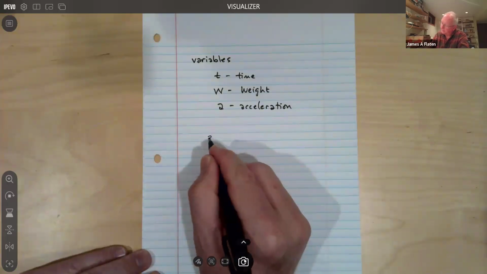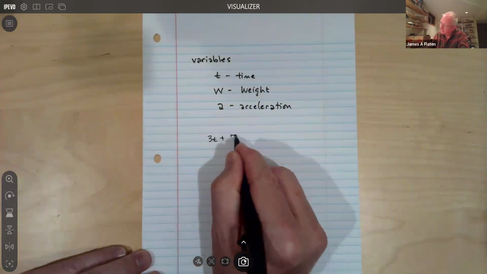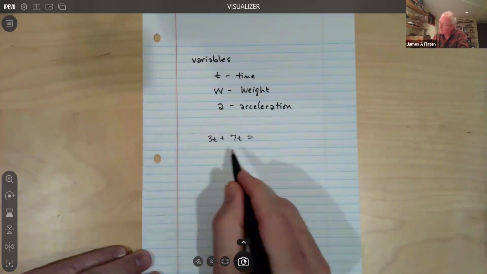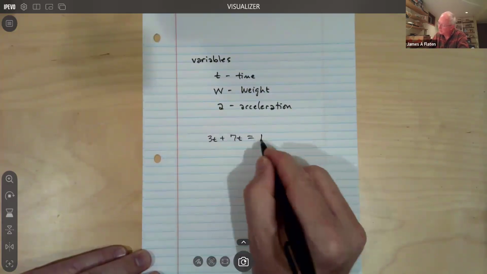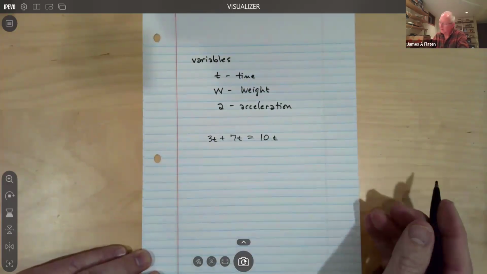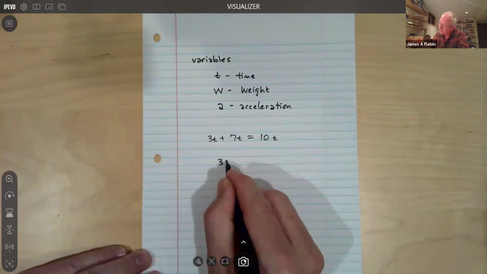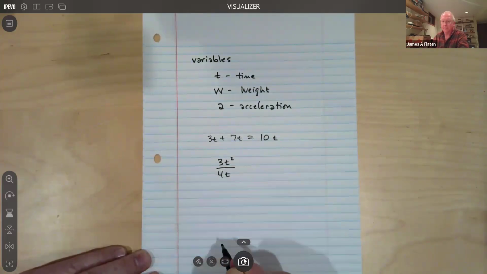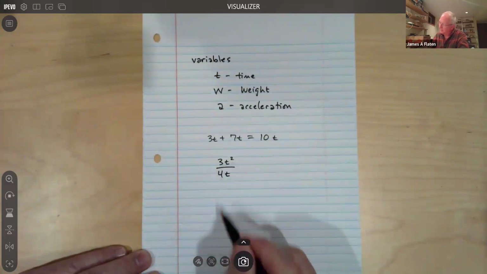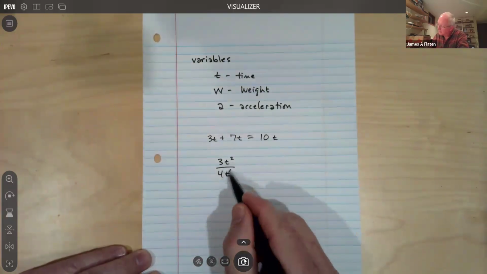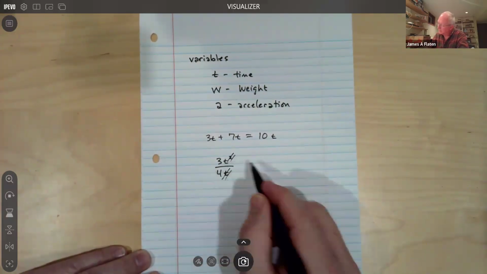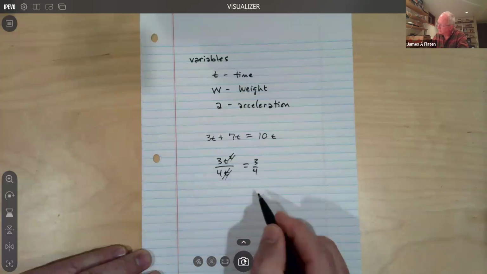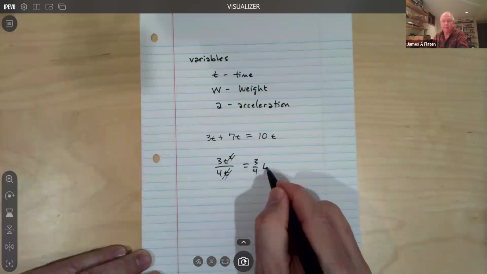So if, for instance, I have 3t plus 7t, well, t, and then a whole bunch more t's, and eventually I'm going to come up with 10t. Or if I have 3t squared divided by 4t, well, I notice a t times t up here and a t here, and so one of those t's would cancel with one of those t's, and I would end up with 3/4 is the number, and t is the remaining variable.